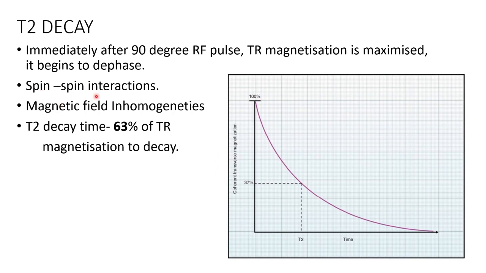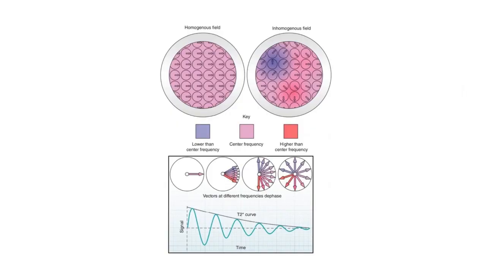T2 decay mainly happens due to spin-spin interactions, and it is also affected by magnetic field inhomogeneities. T2 decay is the time taken for 63% of the transverse magnetization to be lost. So due to these interactions, the magnetic field will not be uniform across the MRI scanner, so the loss of the transverse magnetization will not be in the ideal manner.